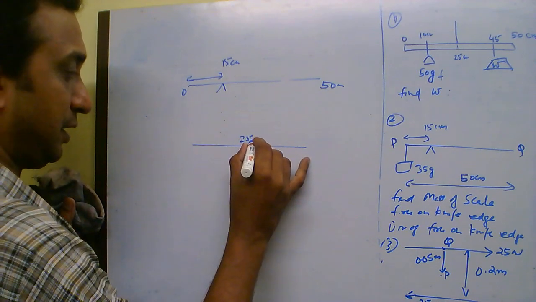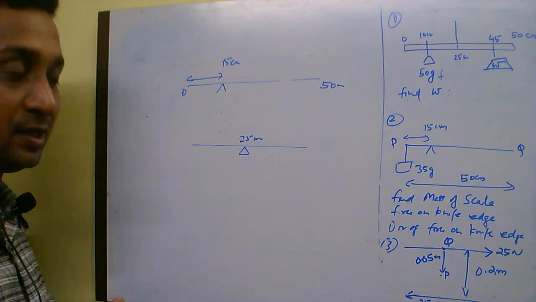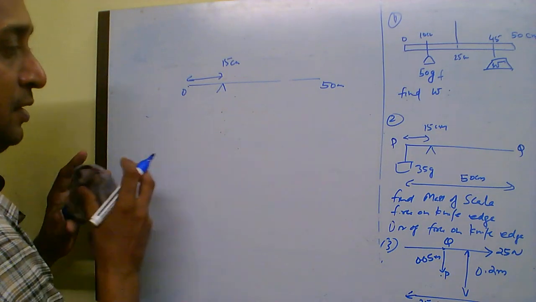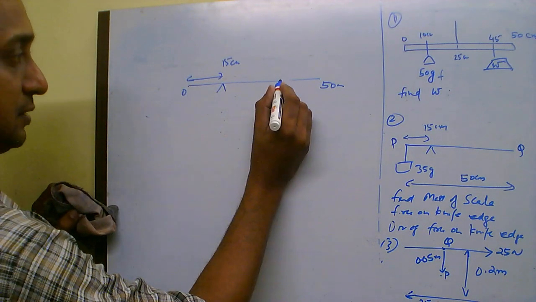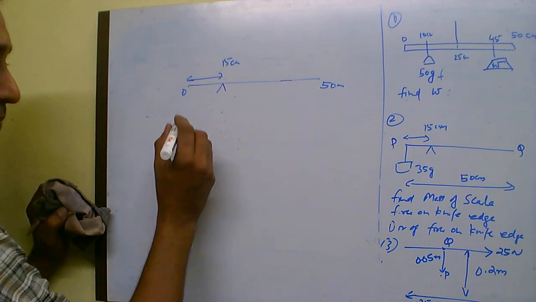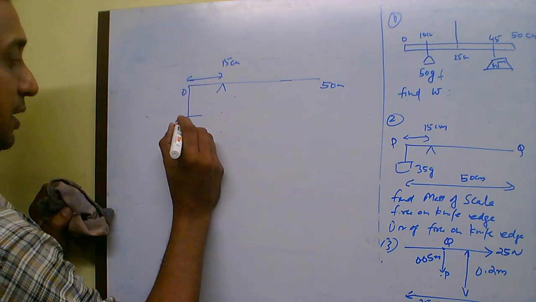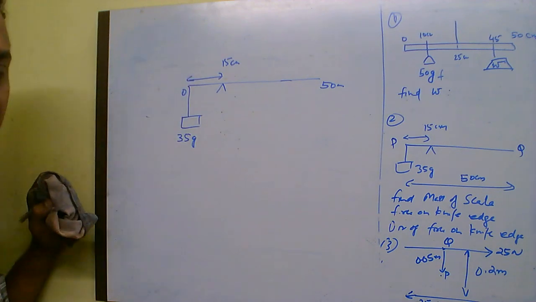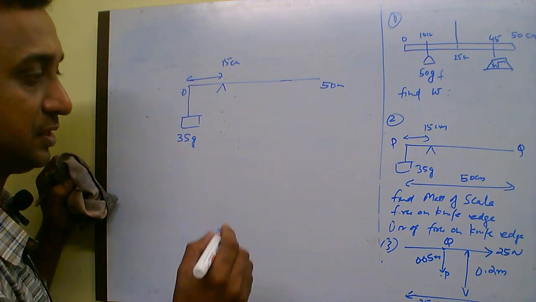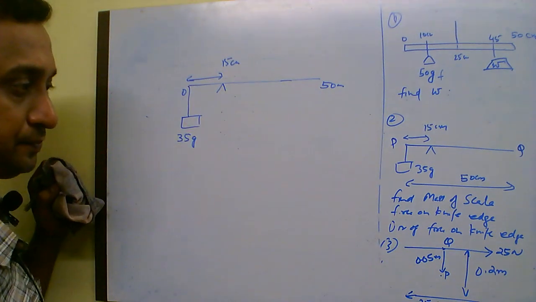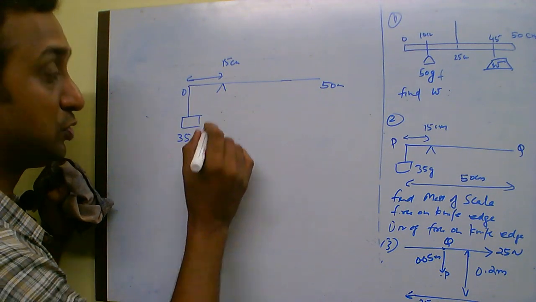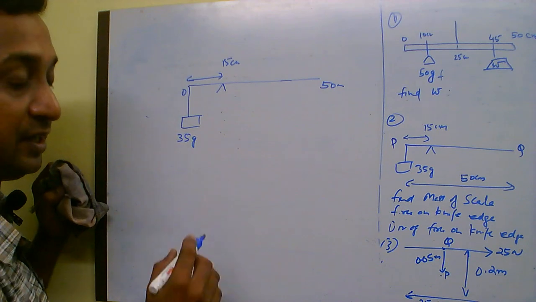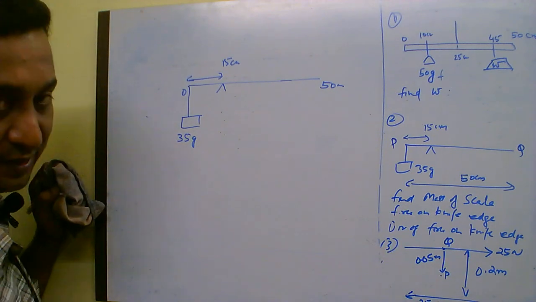So the 25 centimeter mark is where it gets balanced. But in this particular case you can see it is balanced at 15 centimeters from one end, and you have 35 gram being suspended from one end. The question is to find the mass of the scale, find the force on the knife edge, and in which direction the force on the knife edge acts.